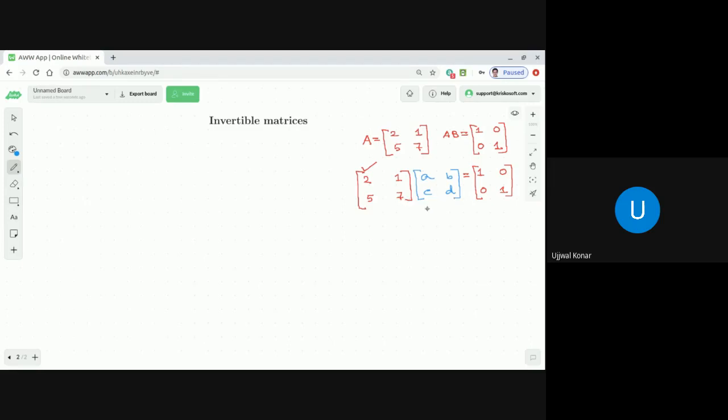Why? Because if we multiply these two matrices, what we get on the right-hand side is an identity matrix of the same order. So this matrix and that matrix are called the inverse of each other. That is called inverse.